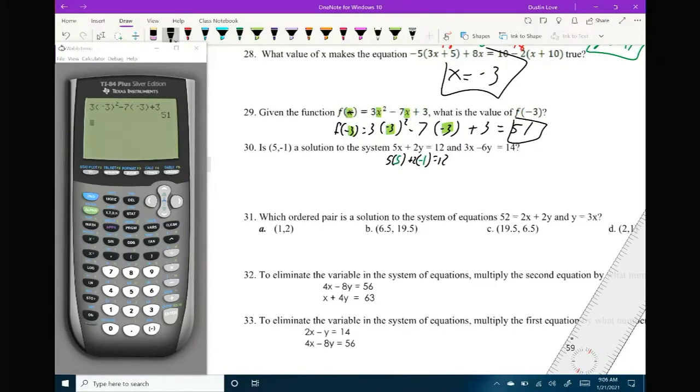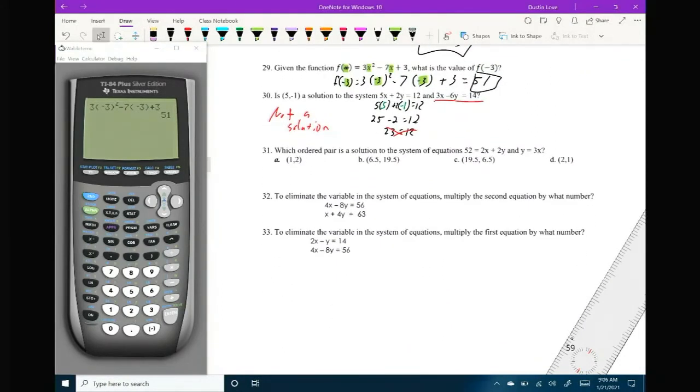And then that gives me 25 minus 2 equals 12, which gives me 23 equals 12. That is not true, so it is not a solution. It would have to work in both. If it had worked in there, I would check it in this one, but since it doesn't work in that one, I'm going to stop and just move on.